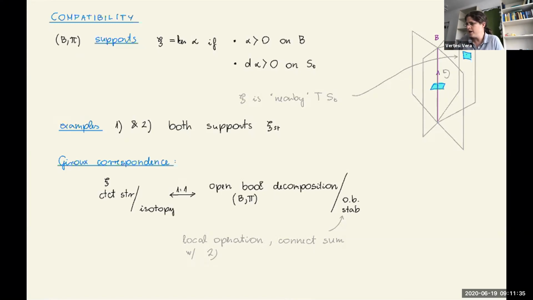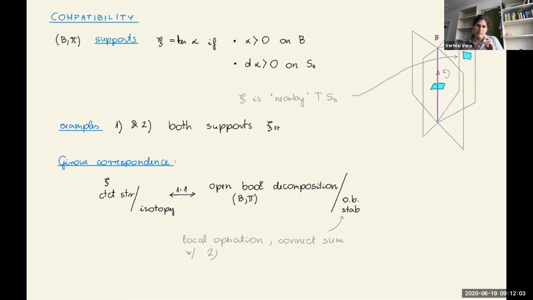Here nearby you can phrase precisely: this just means that d alpha has to give an area form on the pages. And with this notion, examples 1 and 2 are supporting contact structures isotopic to the standard contact structure.